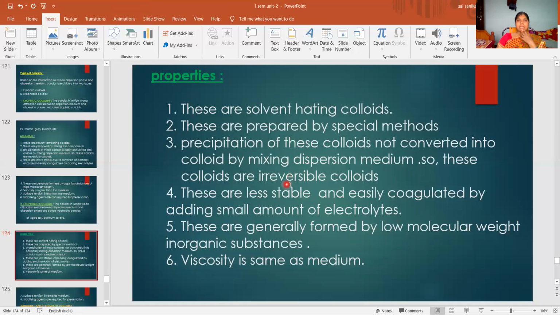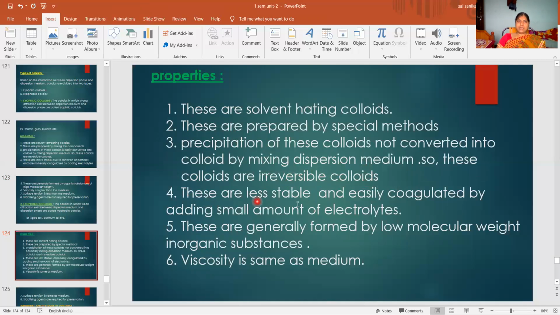So these colloids are called irreversible colloids. That means when they are precipitated, we can't convert them into colloid again by mixing dispersion medium. Whereas there we can convert into colloid by mixing the dispersion medium, so they are called reversible colloids, whereas these are called irreversible colloids.